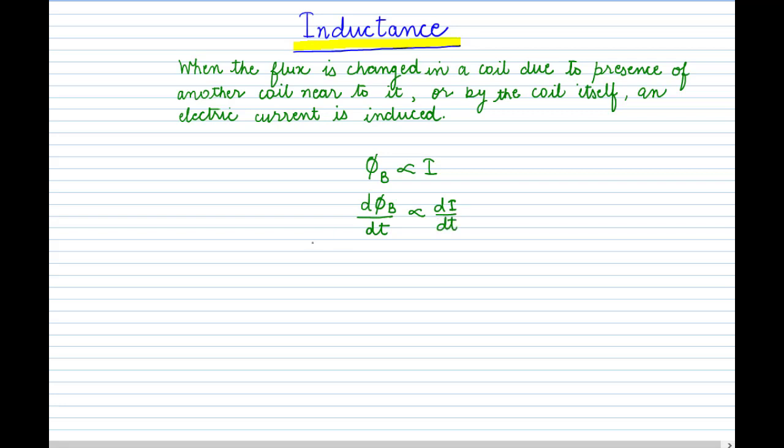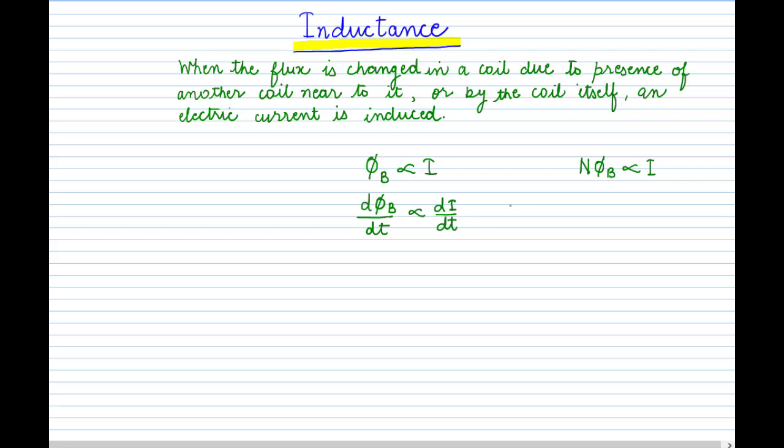And if the coil has capital N turns, then we can write N phi B is proportional to I, because this is for a single turn. Here there is a proportionality sign, and in order to replace the proportionality sign, we always use a constant, and this constant we call inductance.